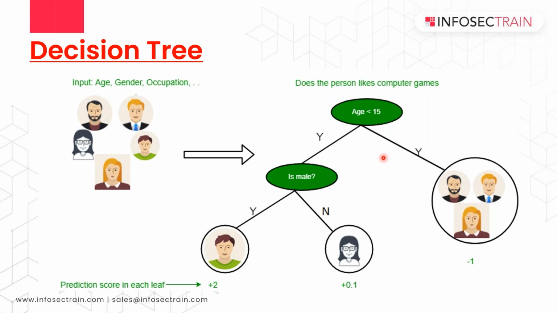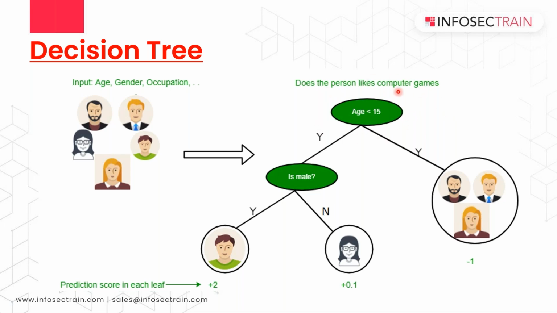Let's say if age is less than 15, we split my data. Just by implementing entropy, information gain is the one measure with the help of which we can find the root node.